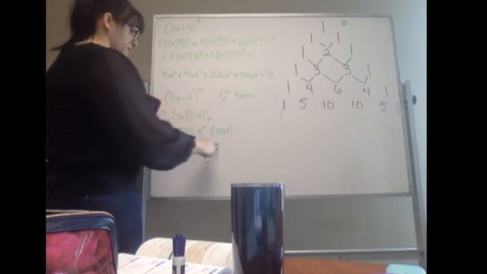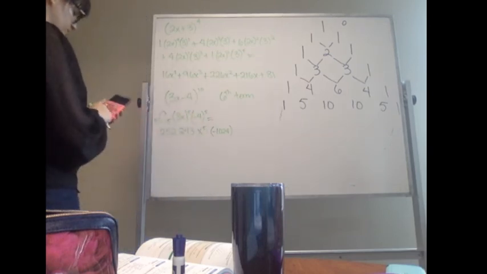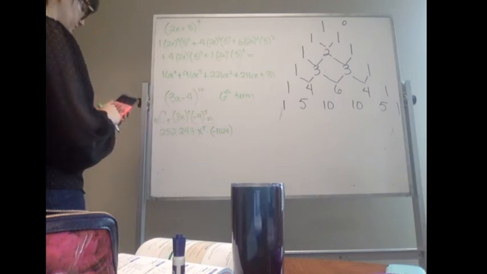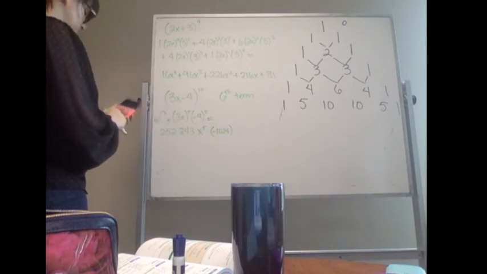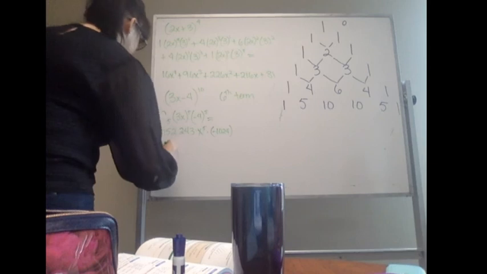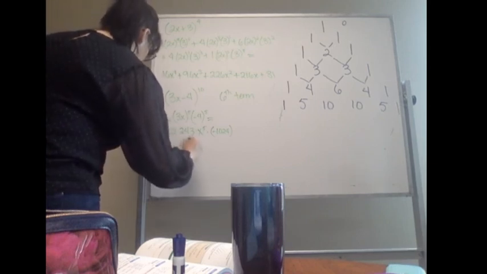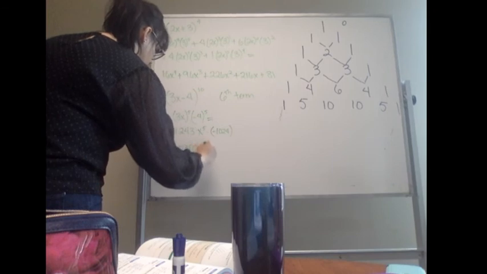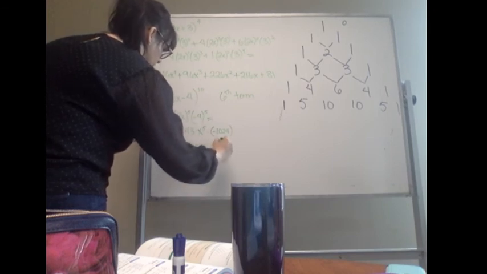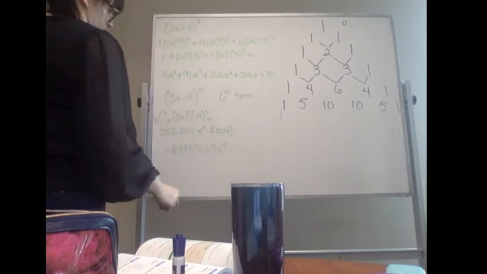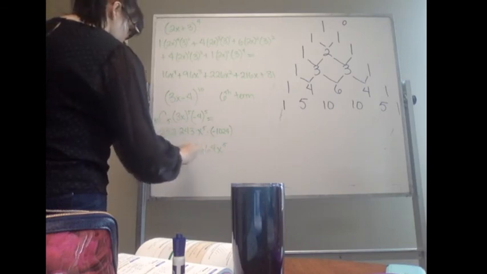Now we're just going to simplify by collecting all of our like terms. 252 times 243 times negative 1024 is negative 62,705,664 x to the 5th. Wow, that's a big number.